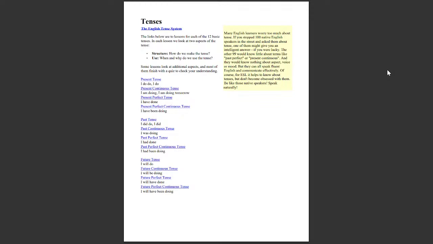Structure is how we make the tenses, and use is when and why we use the tenses. Some lessons look at additional aspects also, and most of them finish with a quiz to check your understanding, so that you can understand quickly.